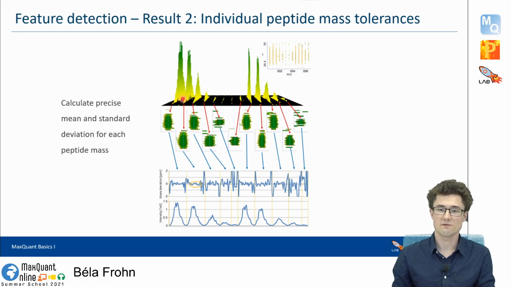And as we have now many data points for this mass, we can do some basic statistics on it. So we can put all these data points together and calculate a very precise mean, which should give us a very good estimate of what the mass of our peptide actually is, because all these data points here should come from the same peptide.